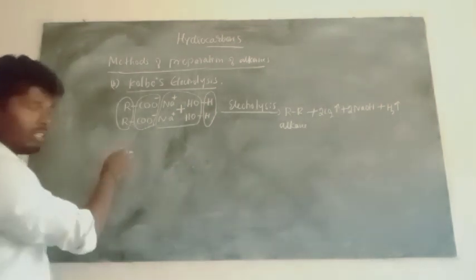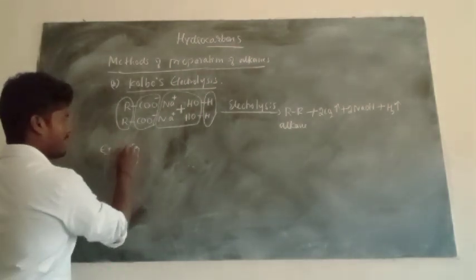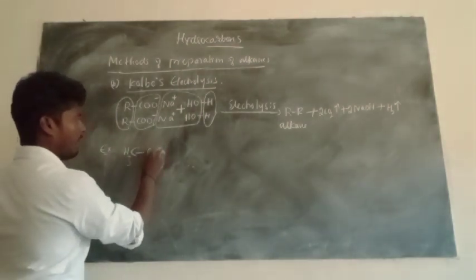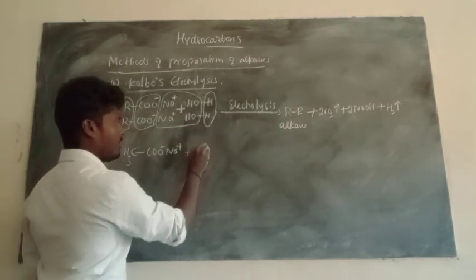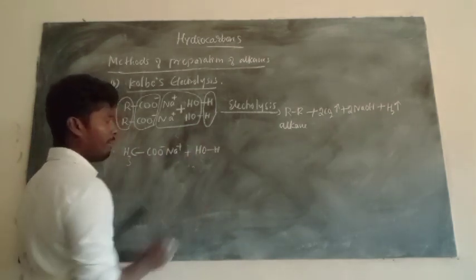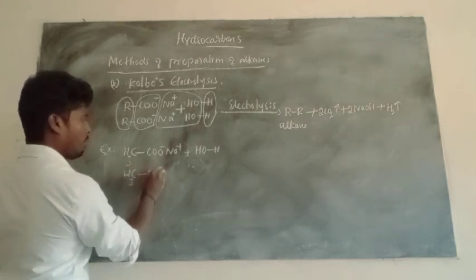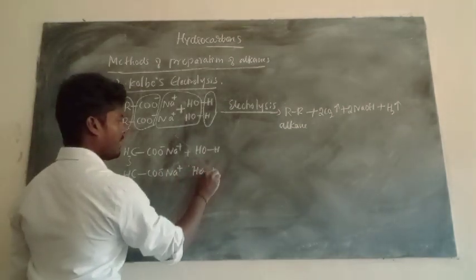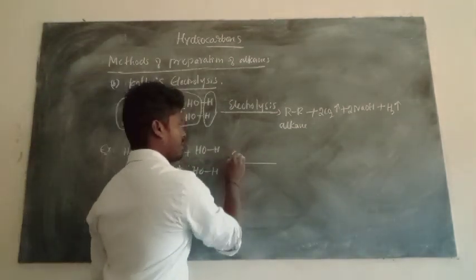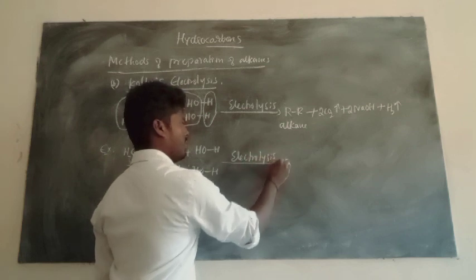Similarly, now take an example. This is the general one. In place of R, take CH3, that is CH3-COO-Na+ plus water, HO-H. How many times do we have to take? 2 times. That is CH3-COO-Na+ and HO-H on electrolysis.